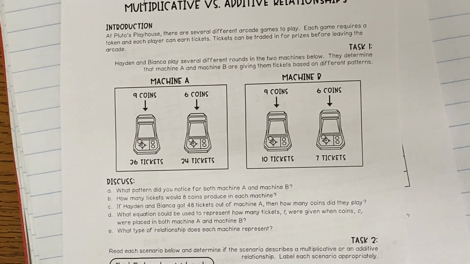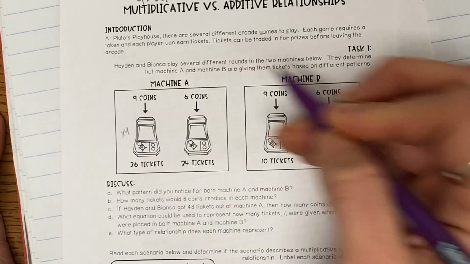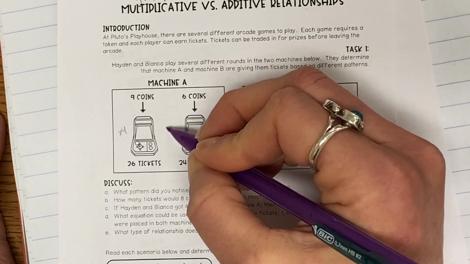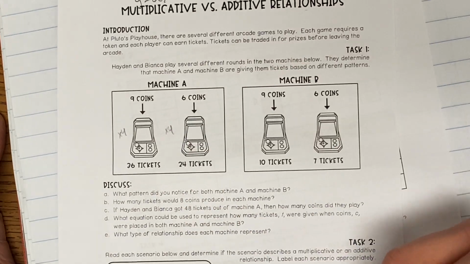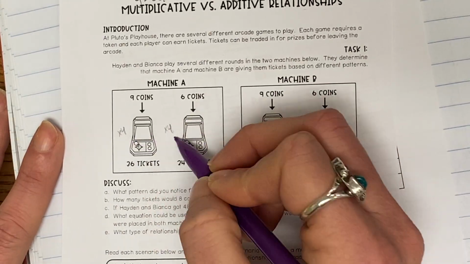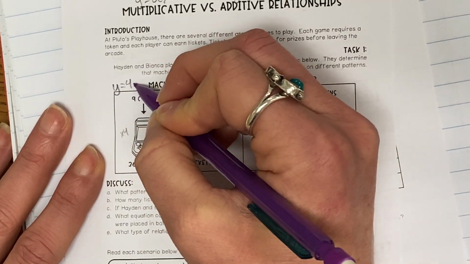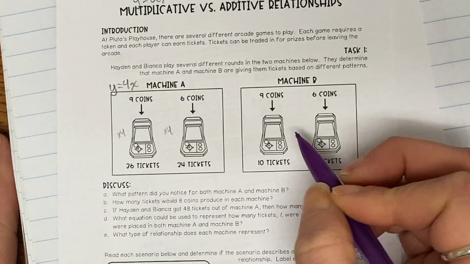Well, just looking at the machines, I see going from 9 to 36 is times 4, and going from 6 to 24 is also times 4. So on machine A, my constant is times 4, so my equation would initially be y equals 4x.